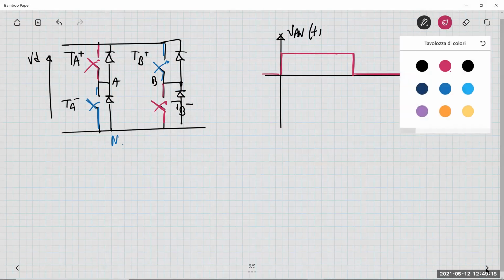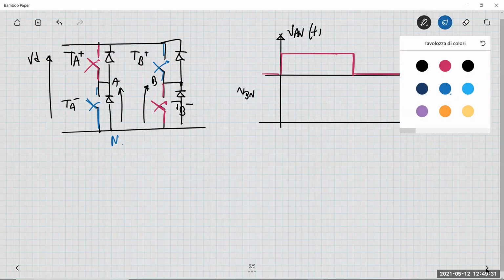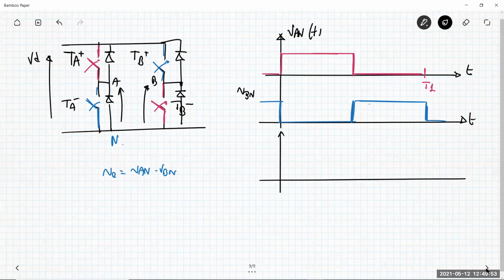Okay, and VBN, so the voltage here and here. And of course V naught, which is the difference between the two, V naught is VAN minus VBN, is the difference, and this is what I showed you before.